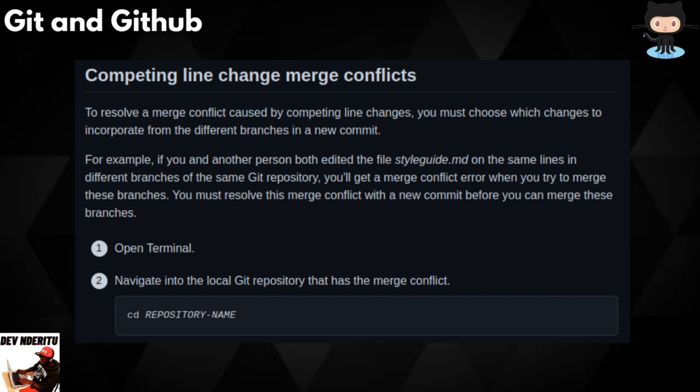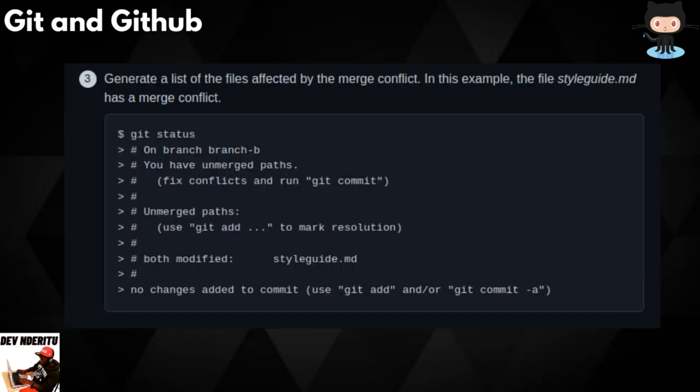Moving forward, you open the terminal and navigate to the local Git repository that has the merge conflict. So you will cd there. When you run git status, it will tell you the exact file that was modified and is exhibiting the conflict. As you can see on the screen, you run git status and you will see that.